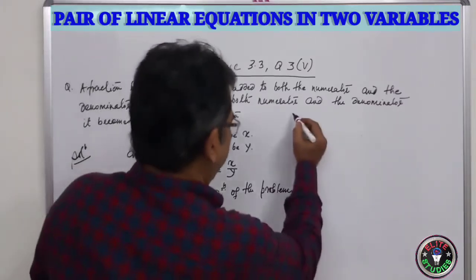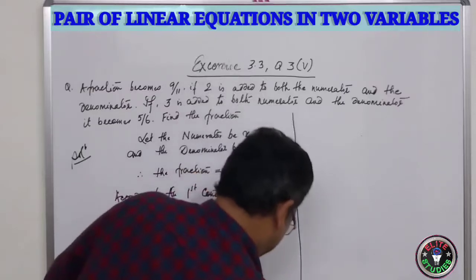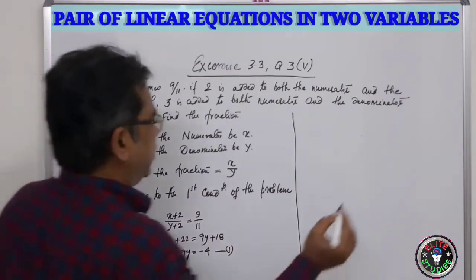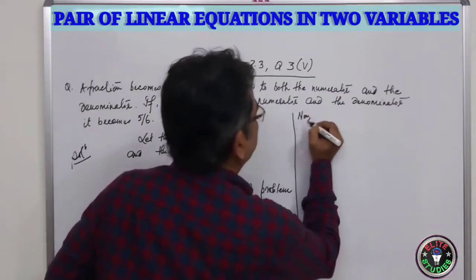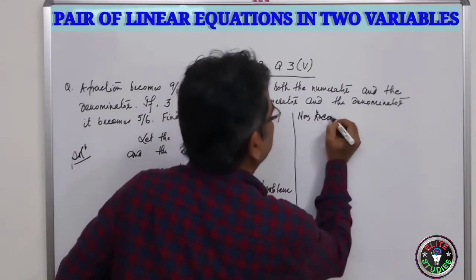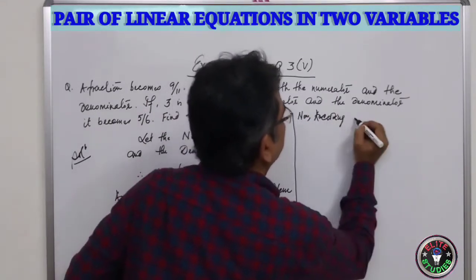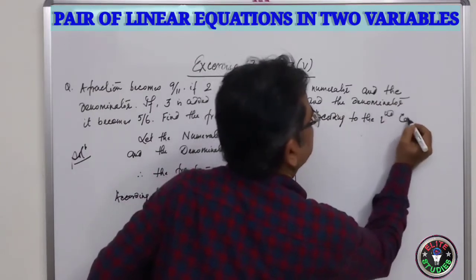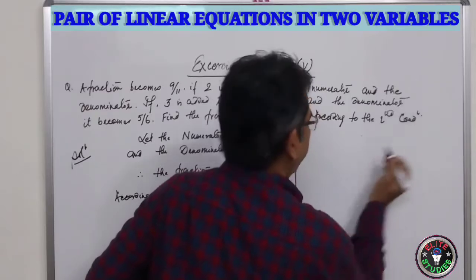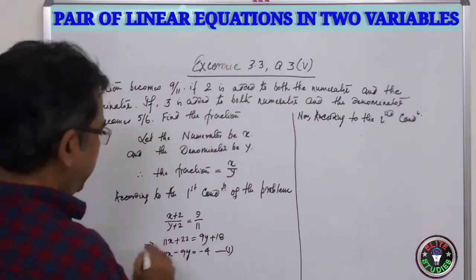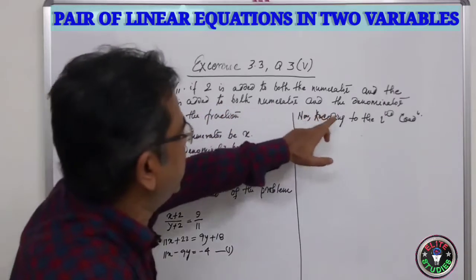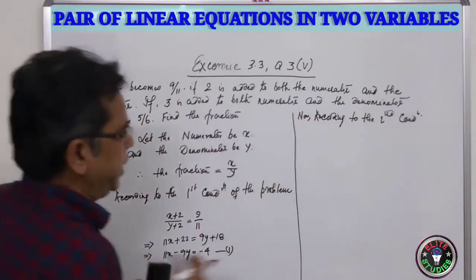Now we will try to get the second equation. According to the second condition, what do we get? Similarly, if 3 is added to both numerator and denominator, it becomes 5 by 6.